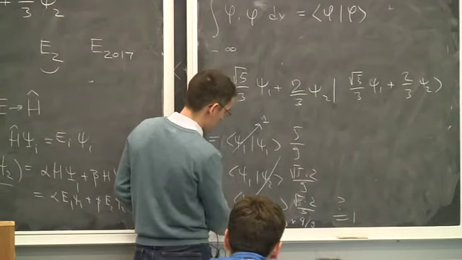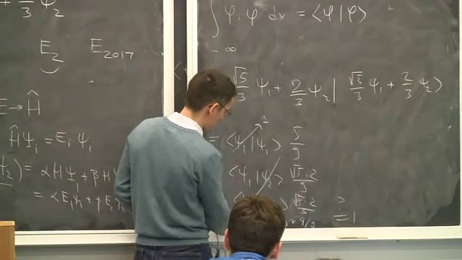So yes, you're right, the function is already normalized. You can just square the coefficients. The probability of getting this result, P1, will be coefficient 1 squared, 5 over 9. The probability of getting this result, P2, will be 4 over 9.